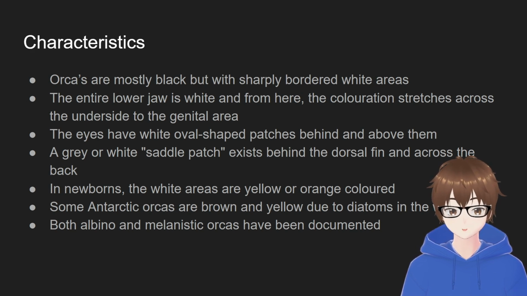A gray or white saddle patch exists behind the dorsal fin across the back. In newborns, the white areas are yellow or orange when they are first born. Some Antarctic orcas are brown and yellow due to the diatoms in the water. And both albino and melanistic orcas have been documented.